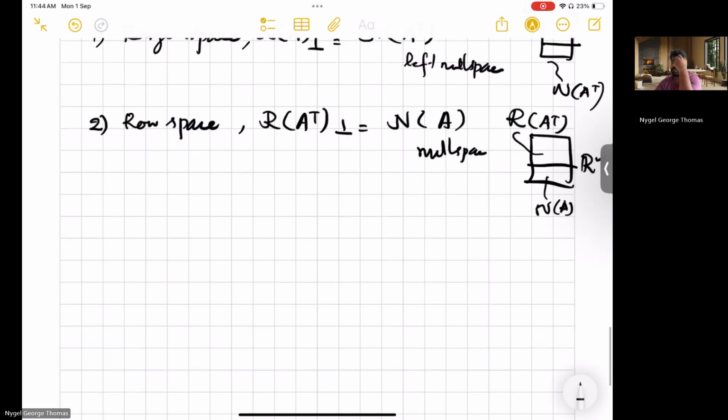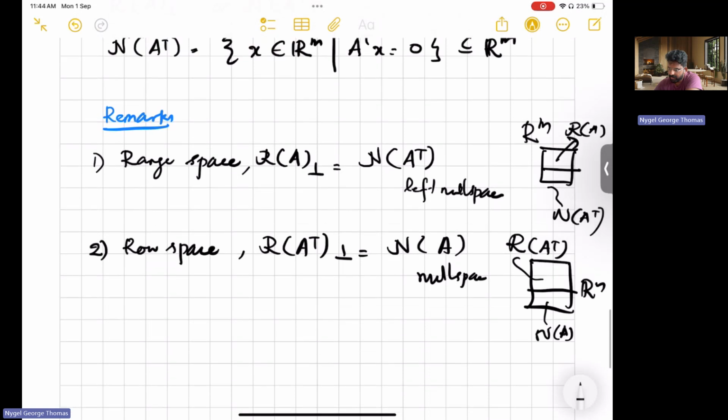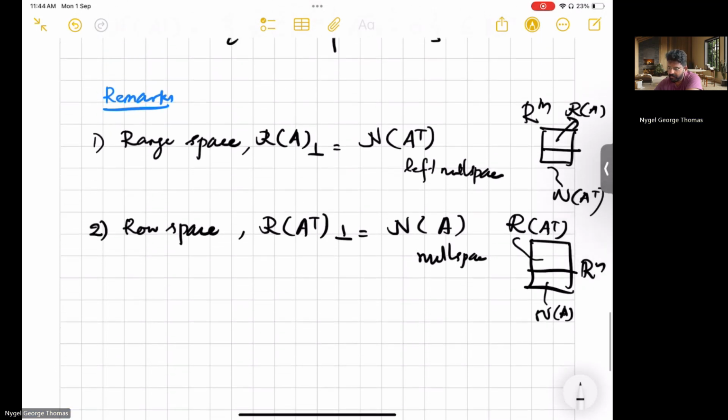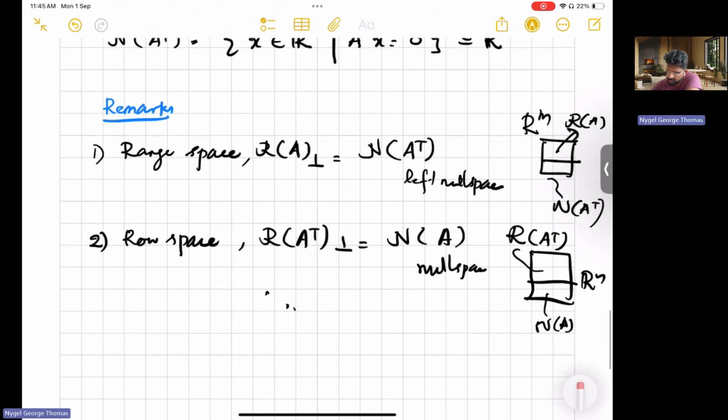So we can do something like this. In fact, M is the dimension of Rm. This was partitioning the m-dimensional space into range space and left null space.